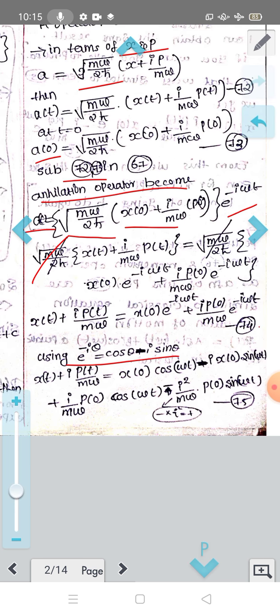Then x of t plus I p of t by m omega is equal to x of 0 cos omega t minus I x of 0 sin omega t plus I by m omega p of 0 cos omega t minus p of 0 by m omega sin omega t. Put it as equation number 75.